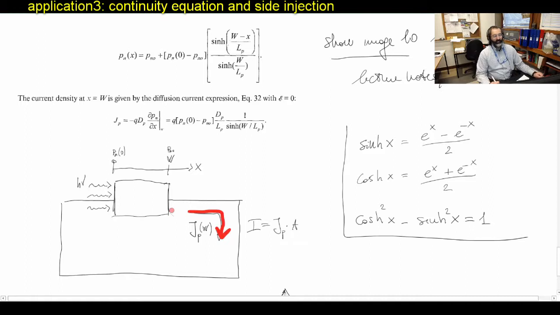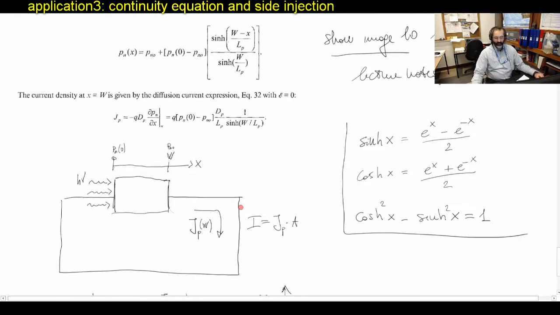This is a circuit that we are effectively considering because of the boundary conditions we have considered in this special example.